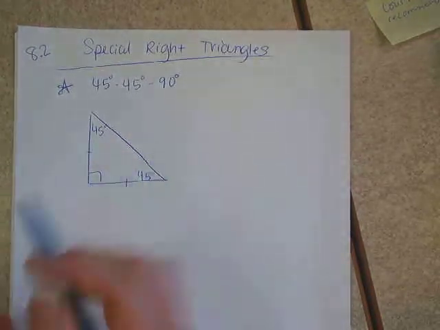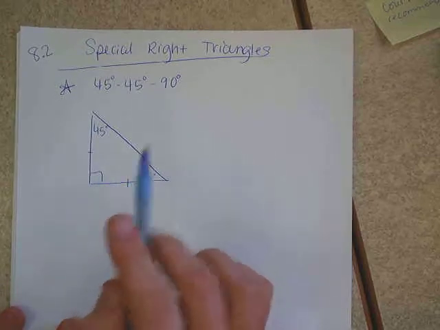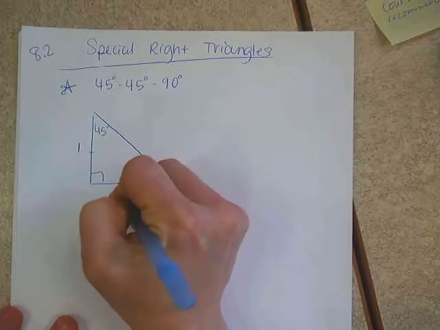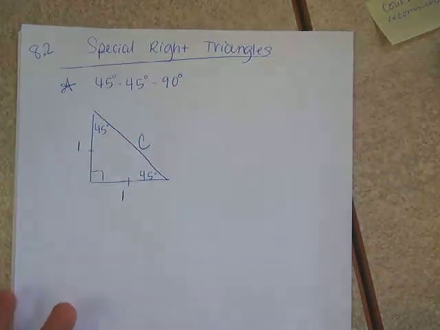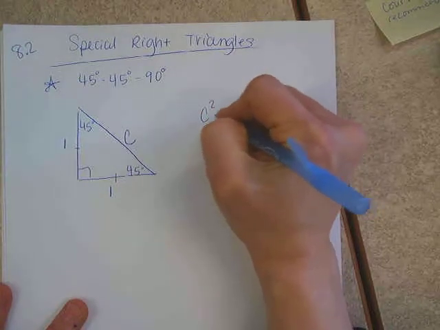So if both of these are the same, then our legs of our right triangle, we're just going to say, what if they had a length of 1? If they had a length of 1, we're going to see what C should end up being.